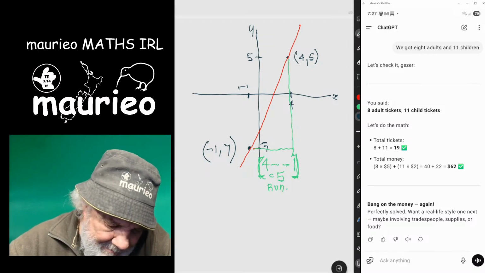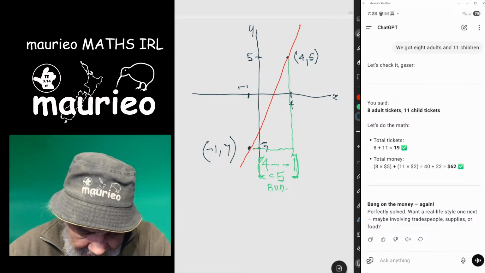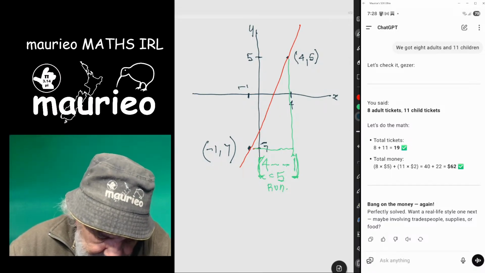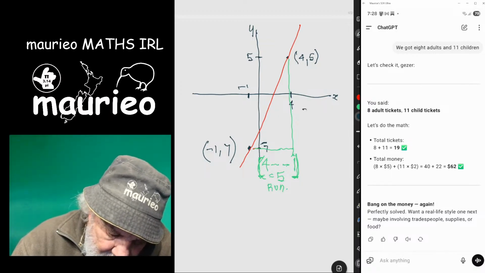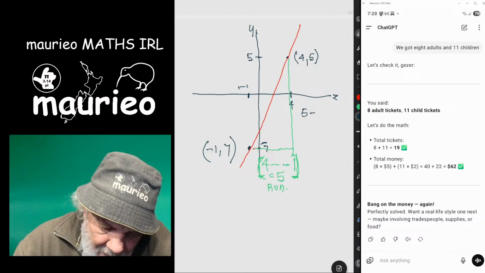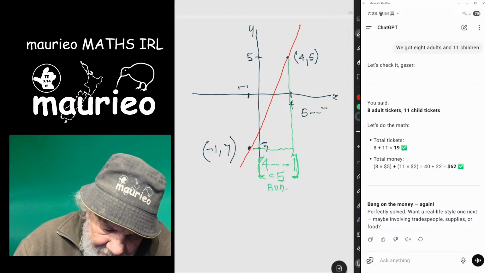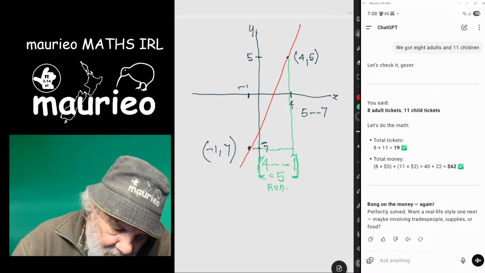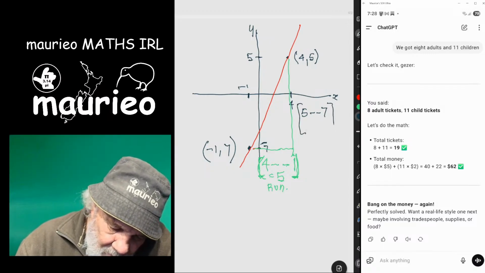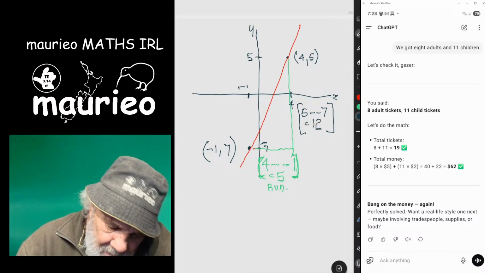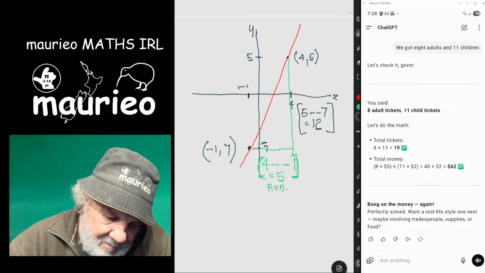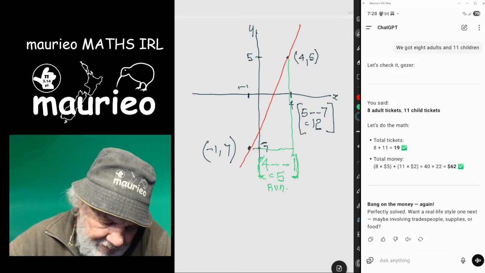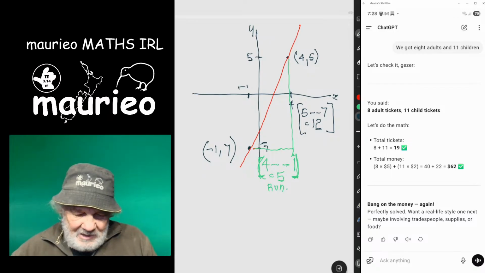So again, the rise goes 5 minus -7, and that equals 12.